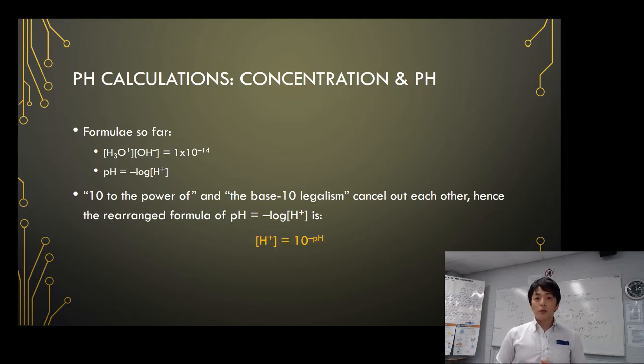This is something you should highlight, underline, everything. The concentration of H plus can be found if you calculate 10 to the power of negative pH. On your calculator, to do an exponent, you might need to use that hat symbol. That means exponent on the calculator.